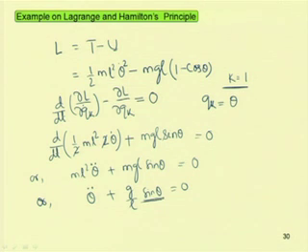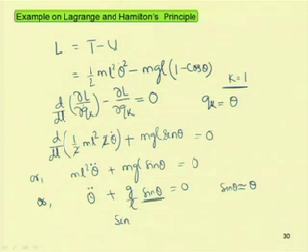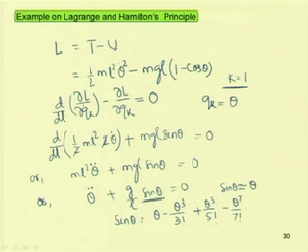We know that for small angle theta, sin theta is approximately equal to theta, but if you take large amplitude of oscillation, then we may write sin theta equal to theta minus theta cubed by factorial 3 plus theta to the power 5 by factorial 5 minus theta to the power 7 by factorial 7, and one can go on adding the terms.